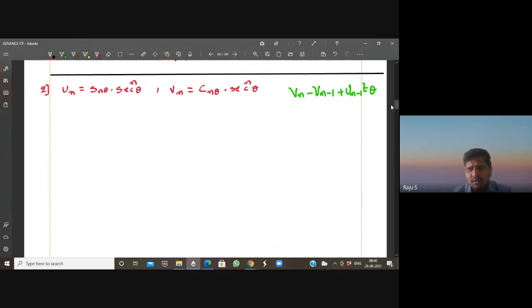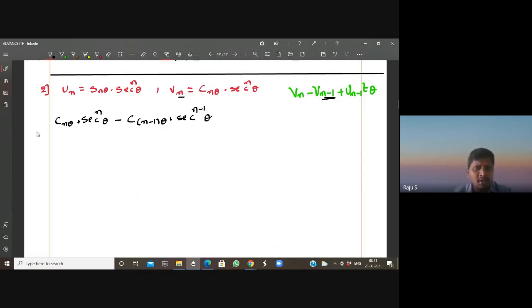Student, first what do I have to do? Substitute all values here. Vn is cos of n theta secant power n theta, minus, replacing n by n minus 1 in place of Vn, cos of n minus 1 theta secant power n minus 1 theta.